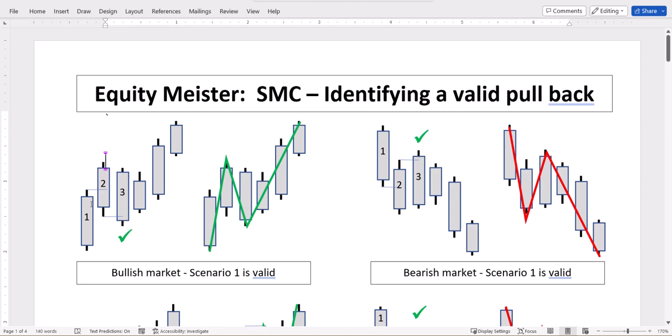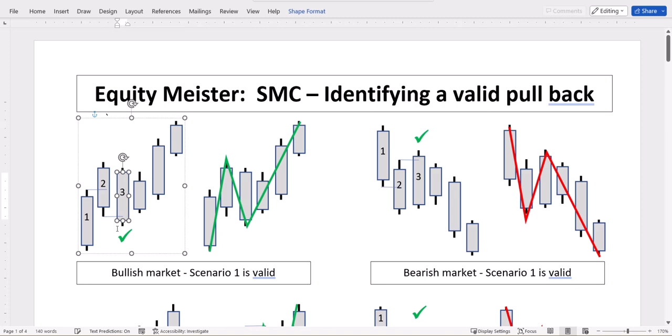The step 1 to 2, it's important that 2 closes above candle 1, but for candle 3 or identifying the pullback, it doesn't matter if it's a close or a wick. So for example, what I mean by that is right here we have a definite close below the number 2 candle wick. If this were a candle like that, that would still identify that as a valid pullback.